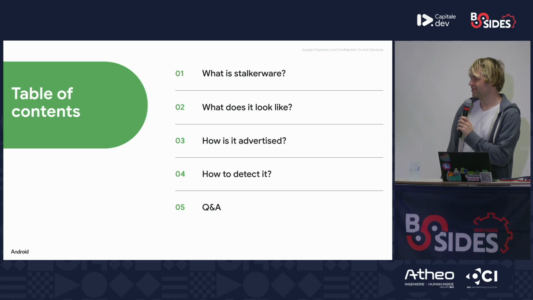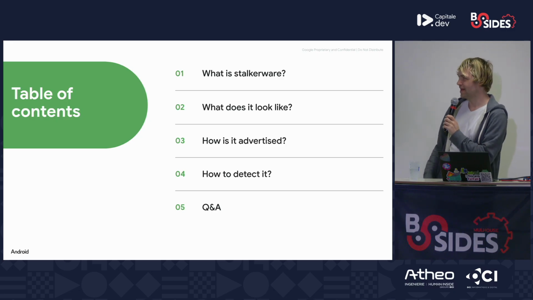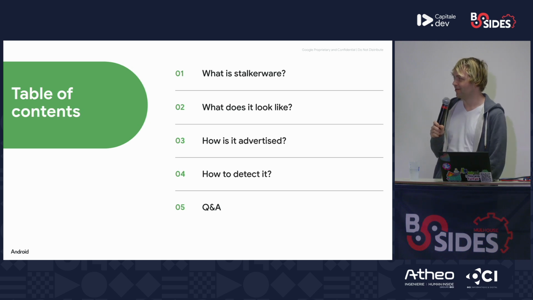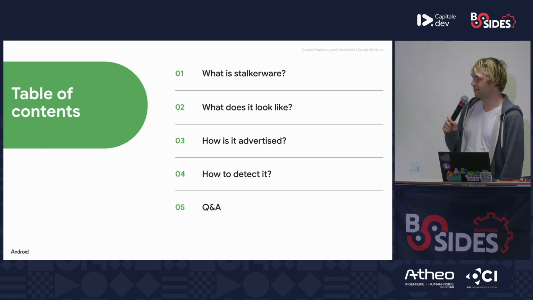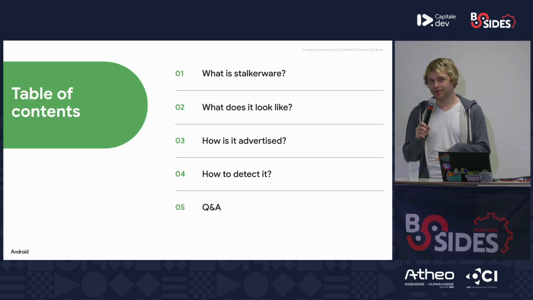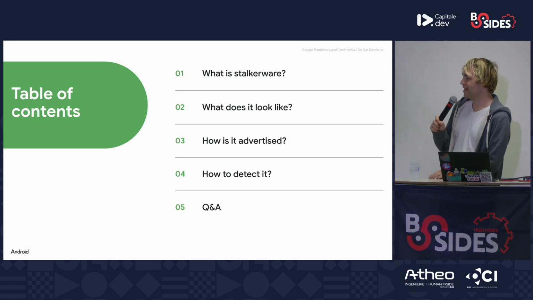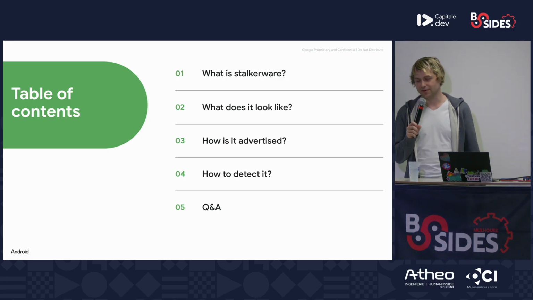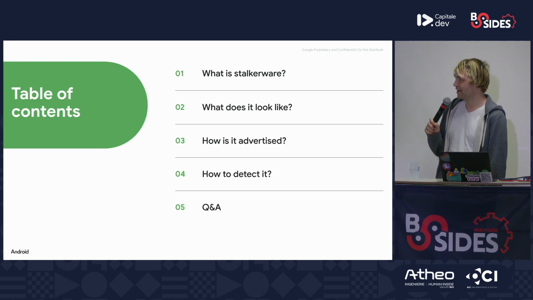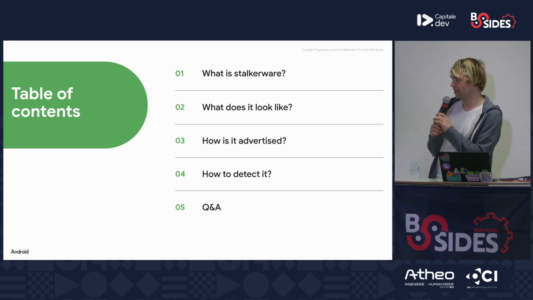So I will show you some examples of what that is, how it works in practice, how it is advertised, and all the weird techniques they use to kind of suggest that it's for stalking, but not really. And then how we detect it and how you can detect it if you ever are in a situation like that, and how you can detect spyware more generally.